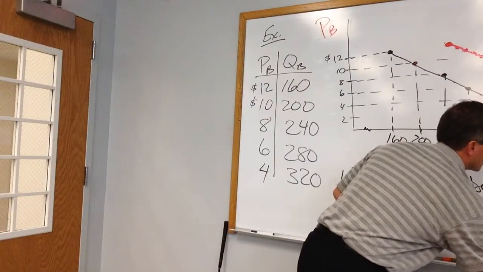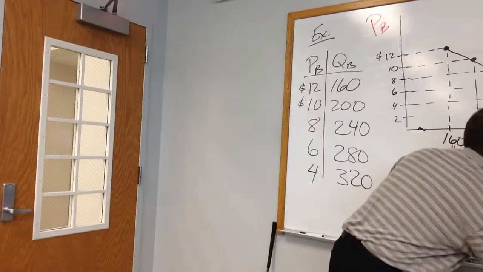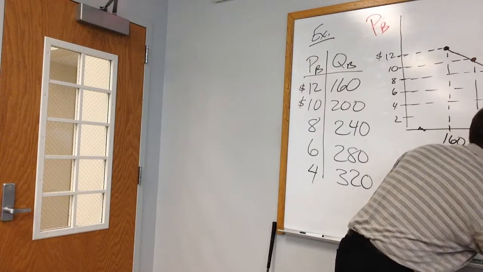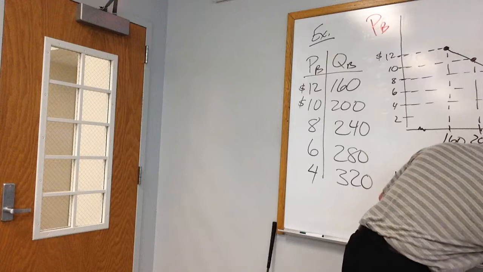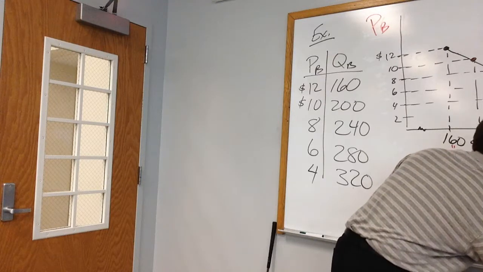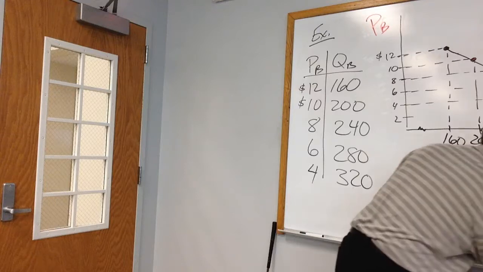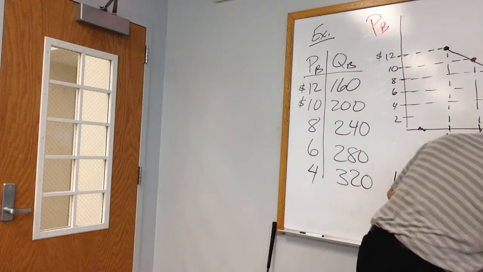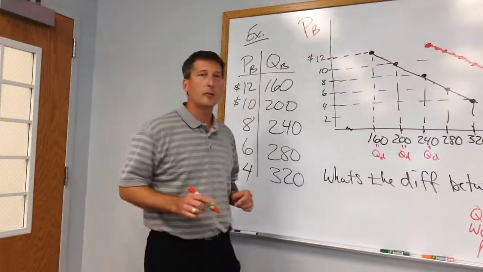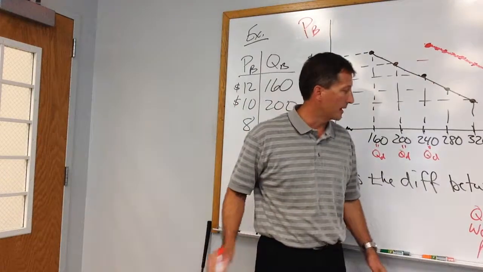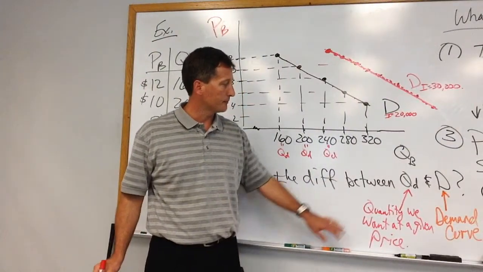So the QD is the quantity we want at a given price. The quantity we want at a given price.